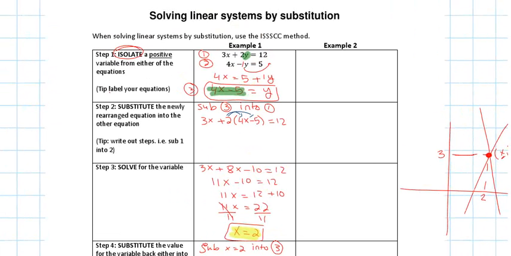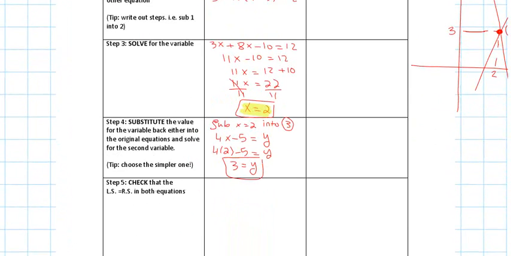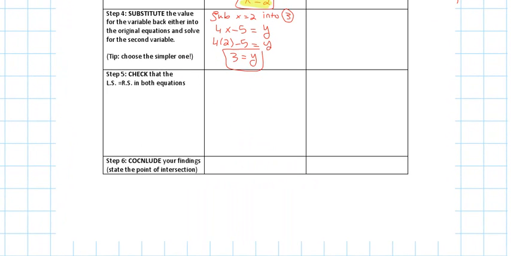Do you remember what was the first equation? I have it in front of me. Can you tell me what was the first equation? 4x minus 3y, something like that? No, what's the first equation? 3x plus y. Okay. So what am I going to plug in for x? 2, right? Because x equals 2.